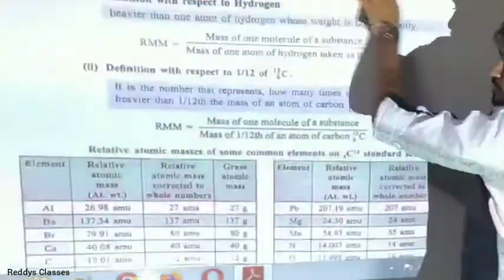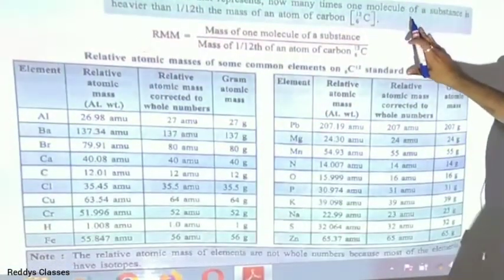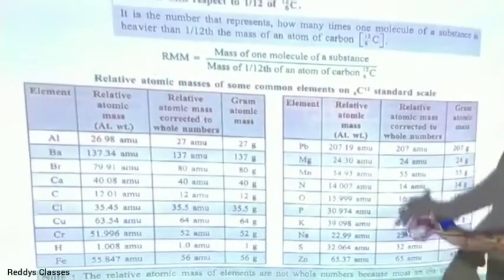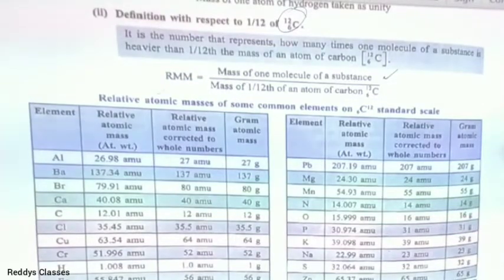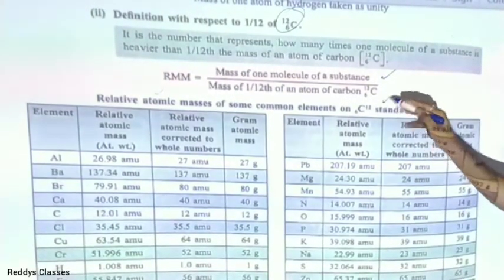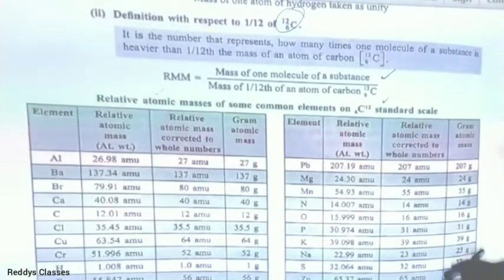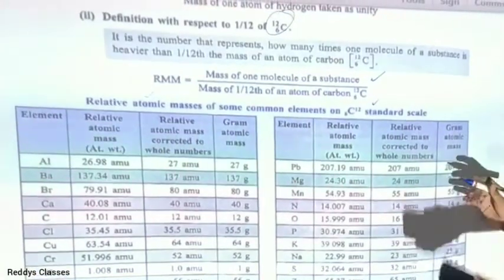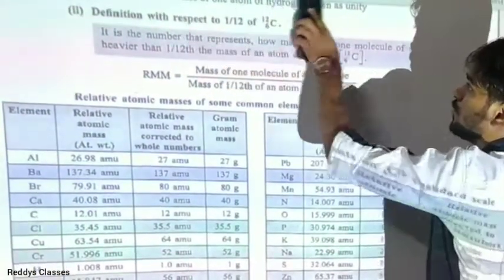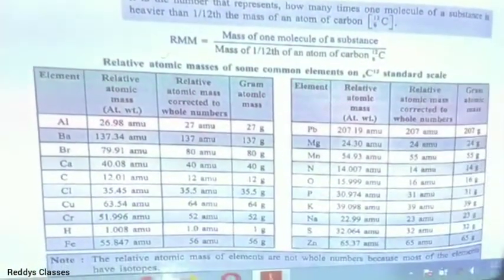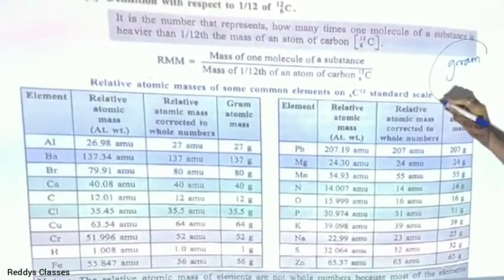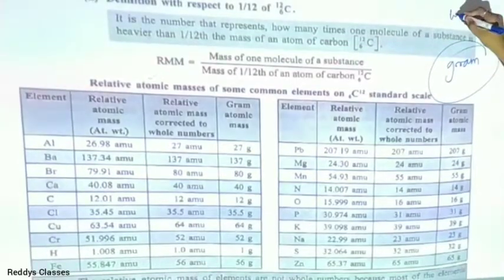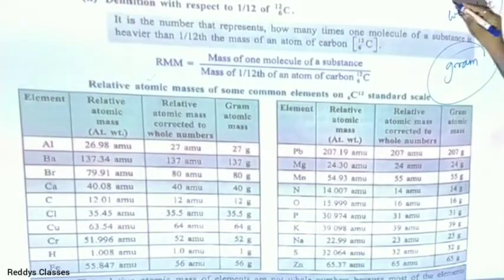Secondly, we have the definition with respect to 1/12 of a carbon atom: the mass of one molecule of the substance upon the mass of 1/12 of an atom of carbon, as given here. So these are the formulas which you have to learn, to form the equation in grams or to consider their weight.